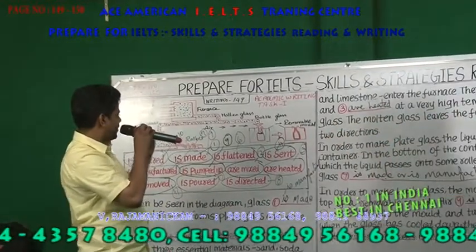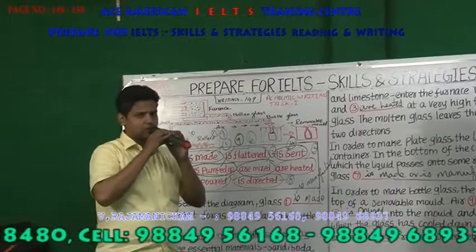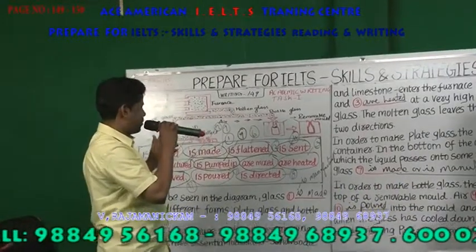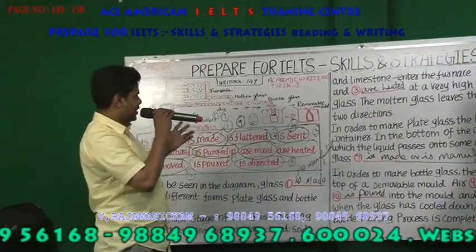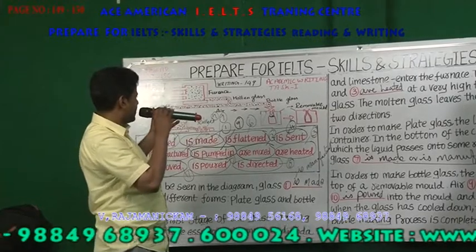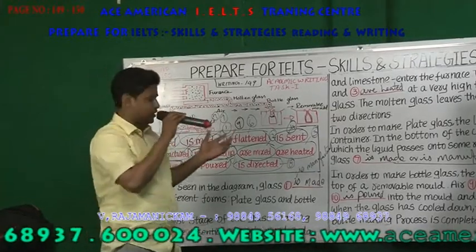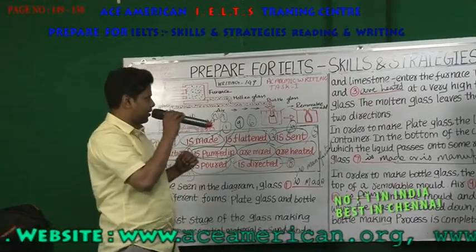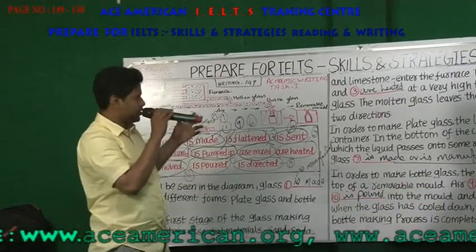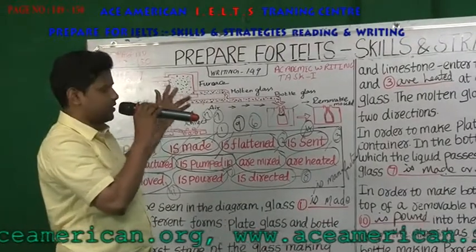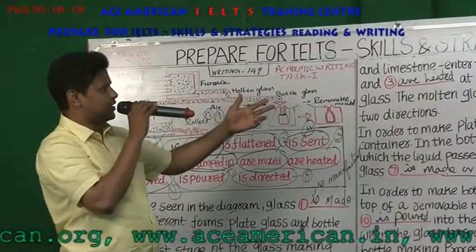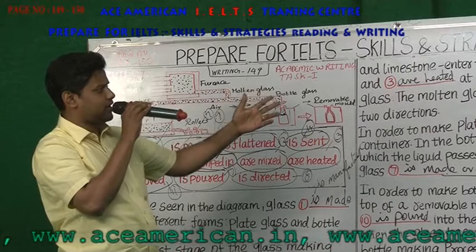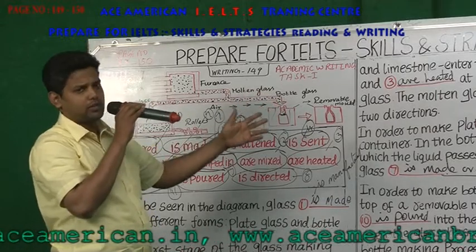In this diagram, it is shown how glass is made. We know glass is made from three raw materials, that is sand, soda and limestone. It is poured into a furnace and then heated at a very high temperature to make the molten glass.